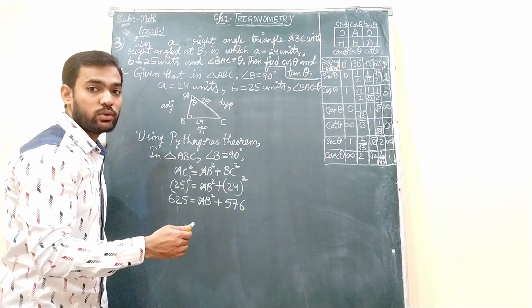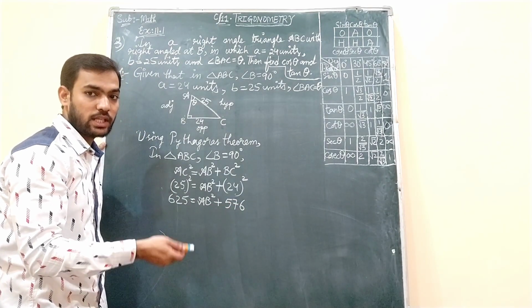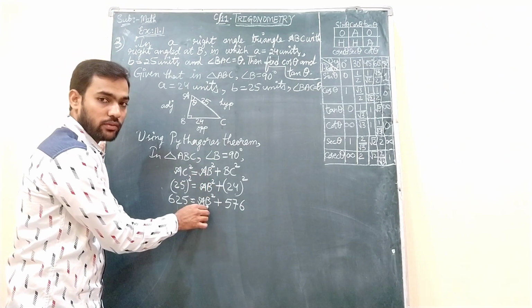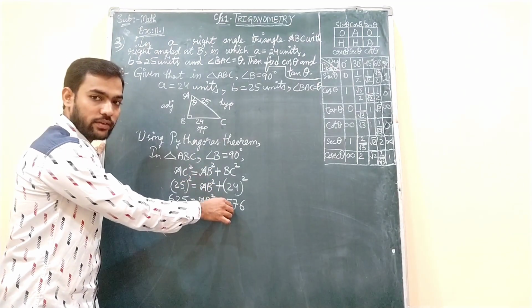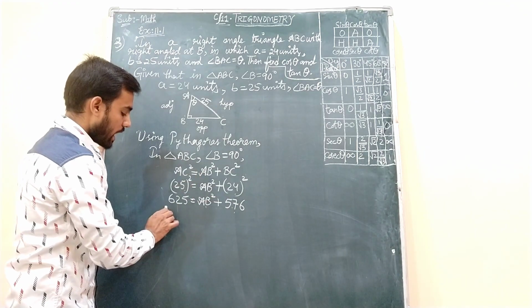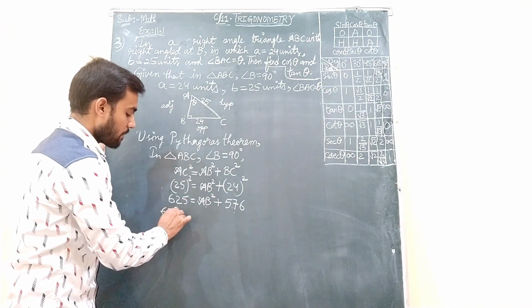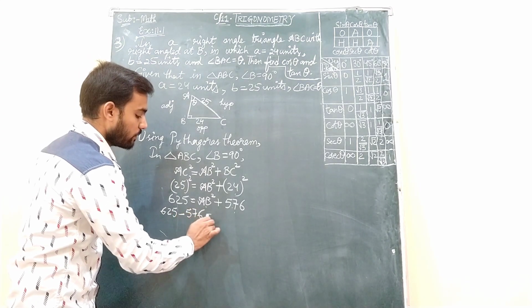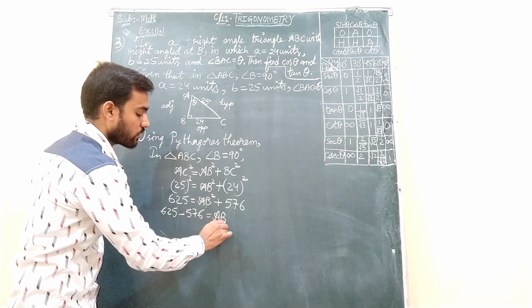We have learned the square root of 576 is 24, which means the square of 24 is 576. Now as I have to find this one, I will transpose 576 from RHS to LHS. I will get 625 minus 576 equals, right side remains AB square.